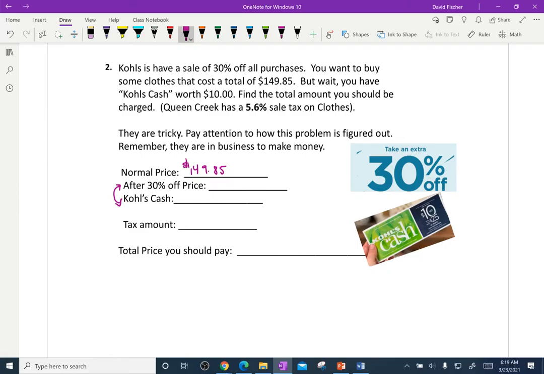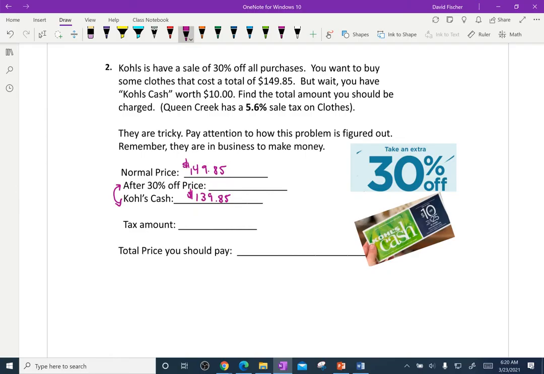They're in the business to make profit. So it's a little bit of a trick: they don't take the 30% off and then take the $10 off. They take the $10 off right away. So that means we're really going to pay $139.85 after I remove my Kohl's Cash.